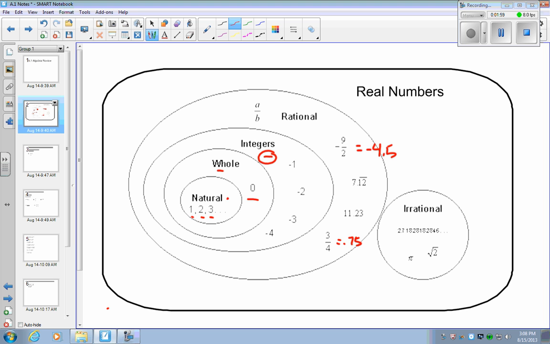So the only difference between rational and irrational is irrational numbers can't be written as a fraction. We all know pi is 3.14, and then it just keeps going and going and going. You can't write that as a fraction. You can get really, really close. I think it's like 22/7, but you're never going to exactly hit pi. Same thing with e here, 2.718, and square root of 2. You can't write that as a fraction. Okay, those are the differences between them.